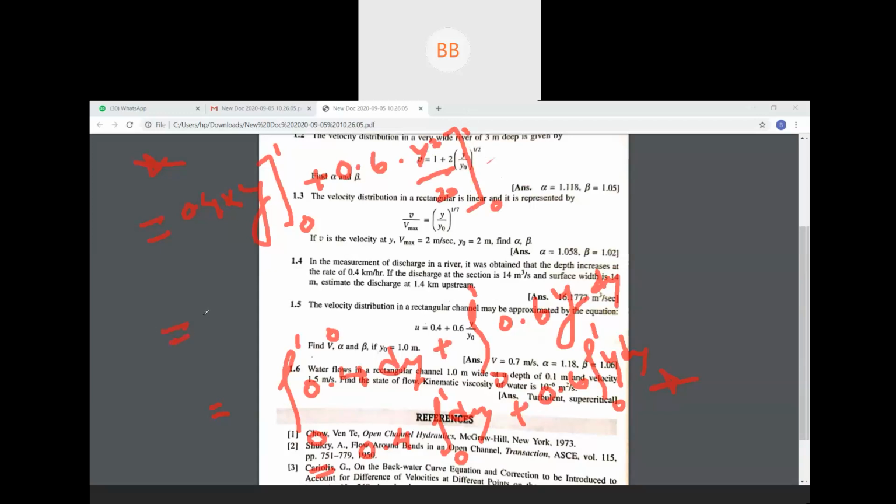Then this will be 0.4 multiplied by, your maximum limit is 1, so you substitute 1 minus 0. Okay, so 1 minus 0 is 1, so you can directly write 1. You can skip those steps. Plus 0.6 multiplied by y square by 2, so this will be 1 by 2 multiplied by 1.